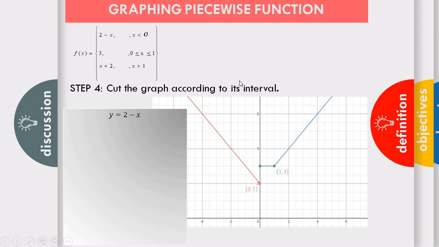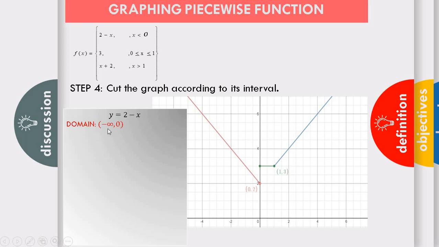So now let's get the domain and range. So for the first subfunction, the red one, we can see that the graph is extending upward and to the left. So therefore, in finding the domain, we will look for the set of x values. So we can see that the x values go from 0 to negative numbers.